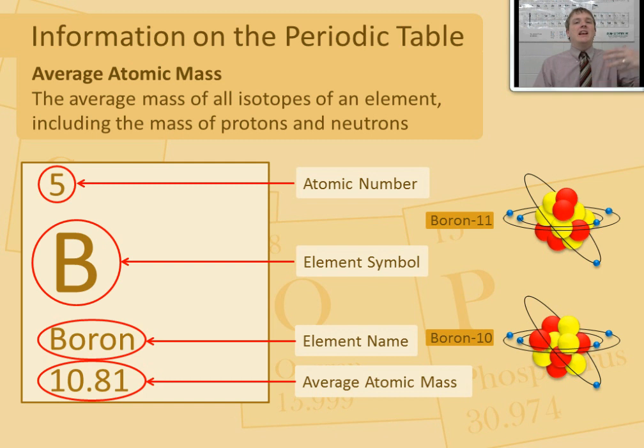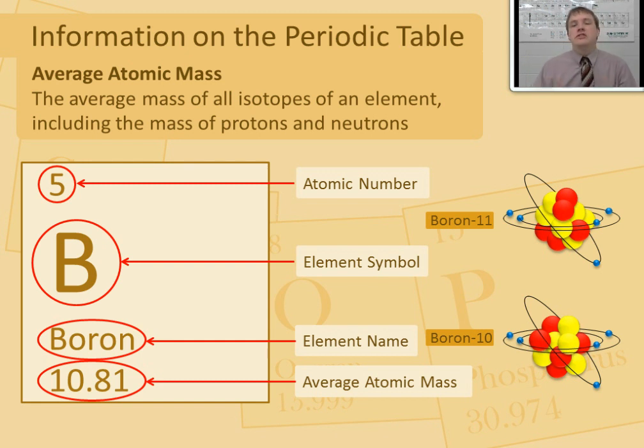Well, if 80% of boron is boron 11 and 20% is boron 10, the average mass of a boron atom in nature, the average mass of the isotopes, is 10.81. So can an atom of boron be in between? Can it have like 5 protons and 5.8 neutrons?